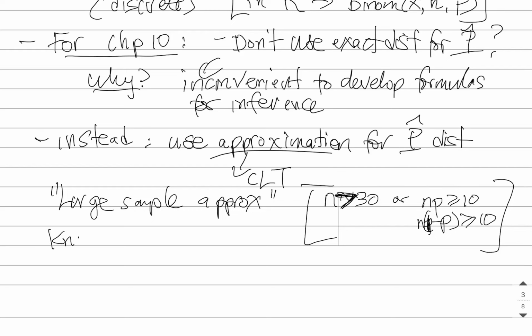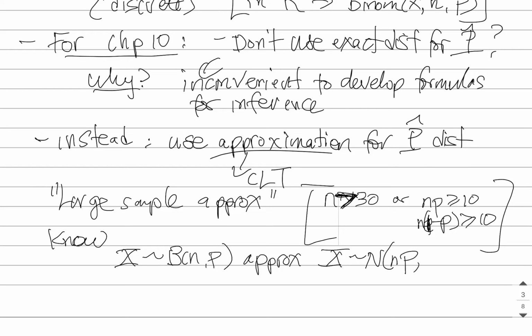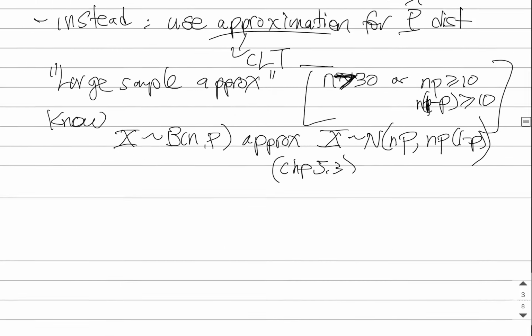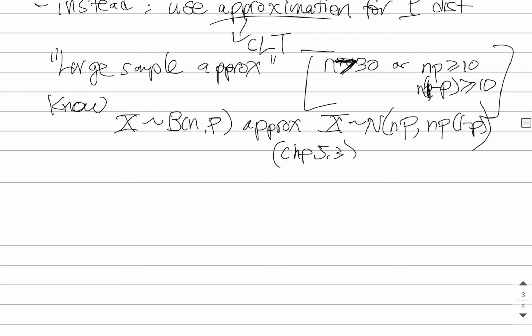So we know that if we've got something in the binomial distribution, we said that it was approximately the same as representing it by a normal distribution with the same mean and this scaled variance. So if you need, you can go back to chapter 5.3 and review that. But essentially, that is how we can connect this discrete distribution into a continuous one.